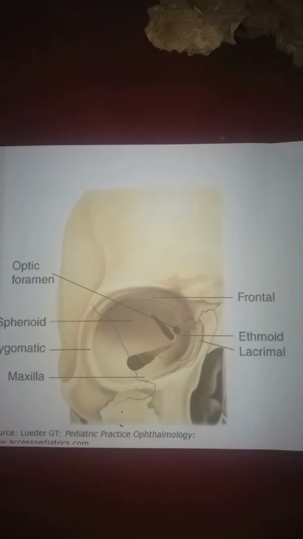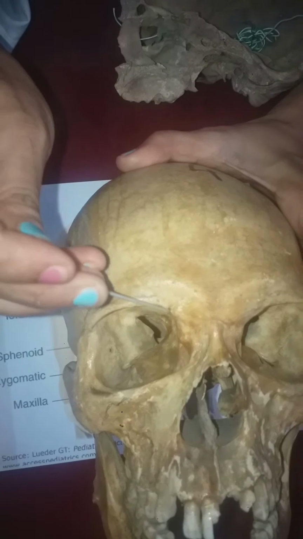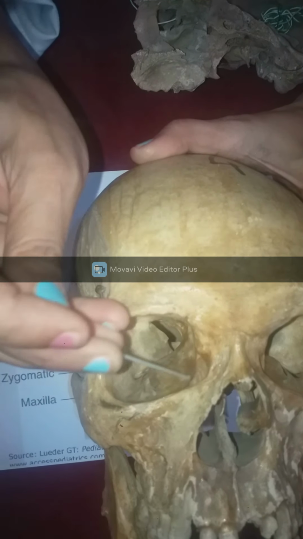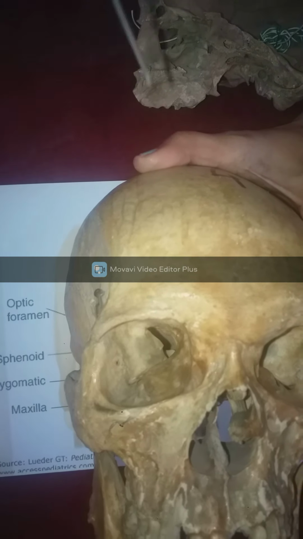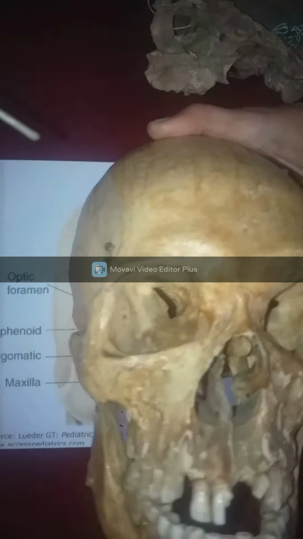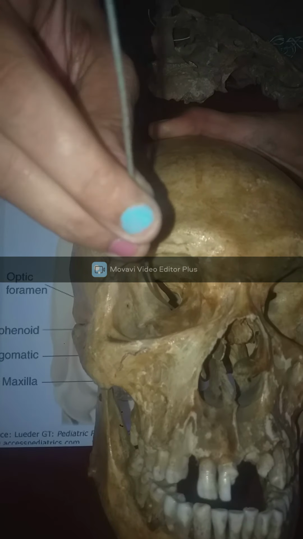You are looking at the base of the bony orbit. In the depths, I take you to the apex of the bony orbit. Above here, this is the superior orbital fissure.